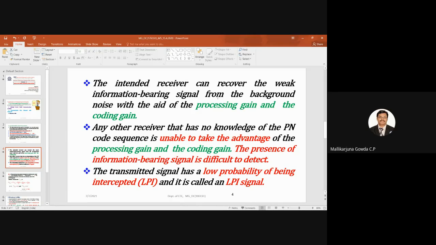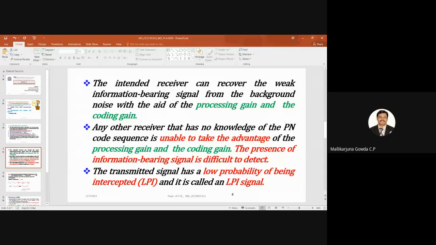Other receivers or users will not have knowledge of the pseudo noise sequence, so they will not get the advantage of this processing gain and coding gain. So the transmitted signal has a low probability of being intercepted, and that is why it is called an LPI signal. LPI signal means low probability of being intercepted.